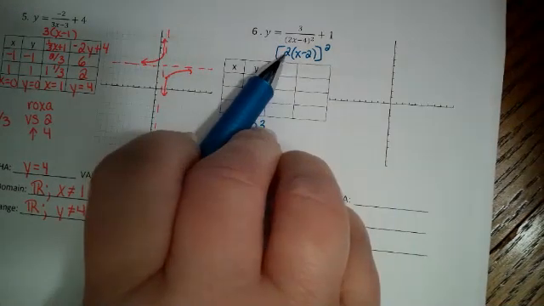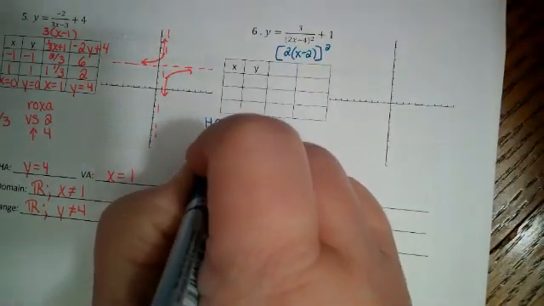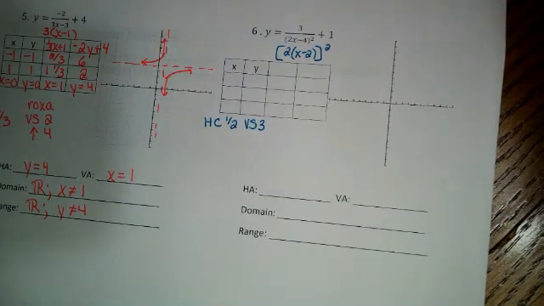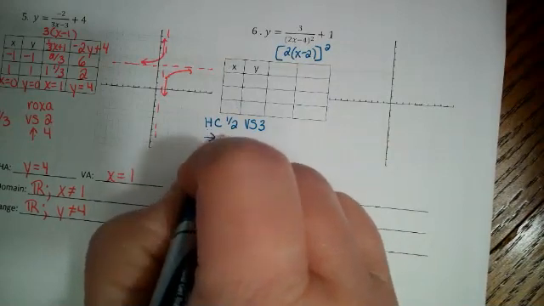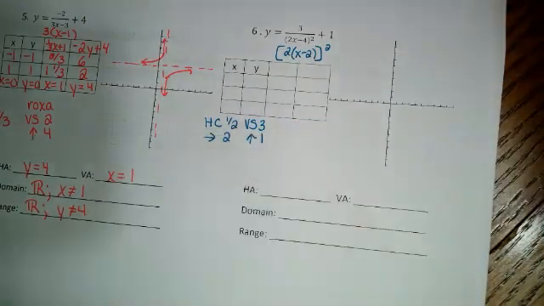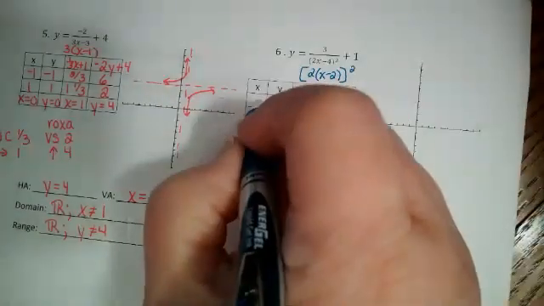So our b value is 2, which means it's a horizontal compression by a half. Remember, b value is opposite the end. The x minus 2 tells me to go to the right 2 spaces, and the plus 1 tells me to go up 1 space. Let's fill in our table.